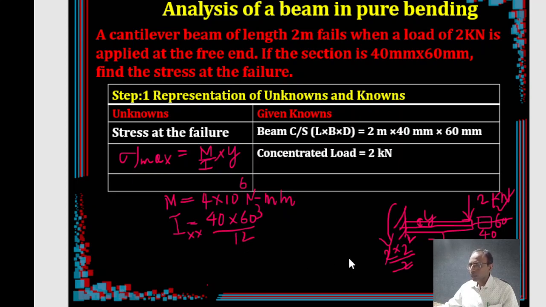And then we require y. Y is simply the maximum farthest fiber distance from the neutral axis. That is nothing but your D by 2. D is 60, so 60 by 2 is your value.